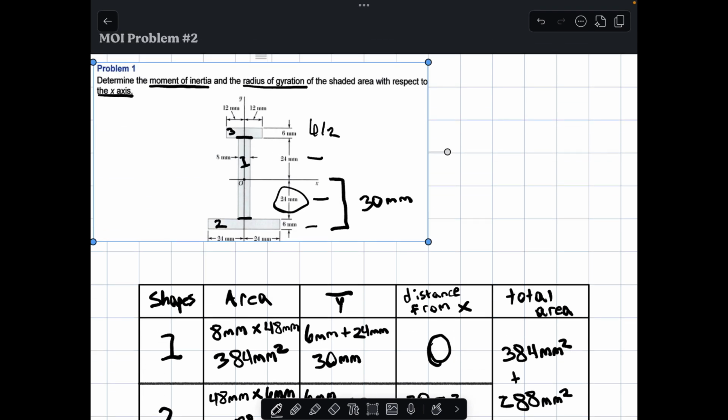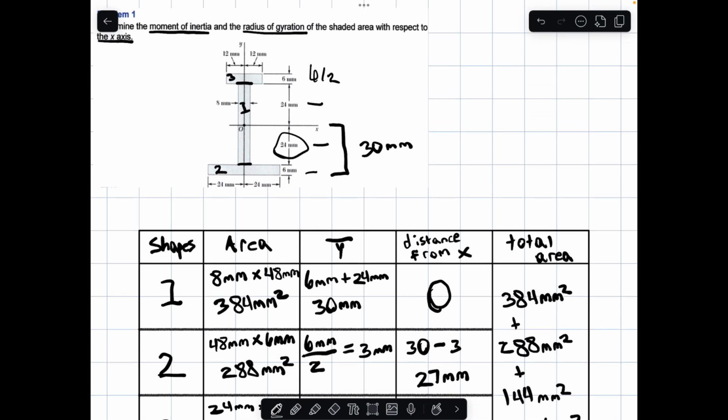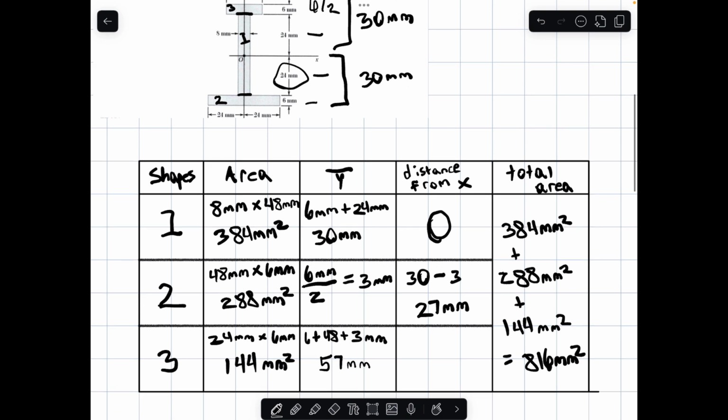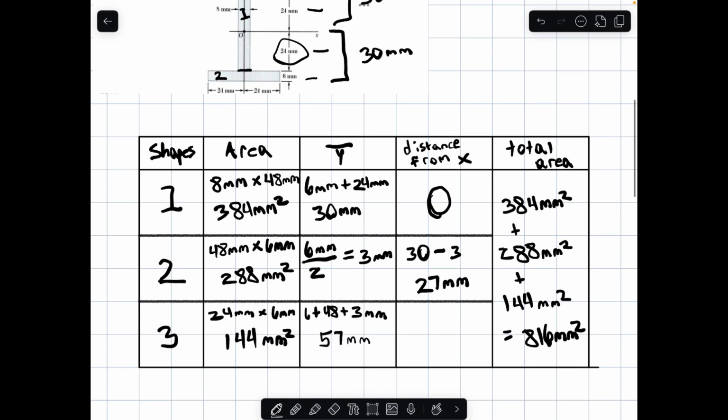We'll do the same thing for 3: all we have to do is take away 30 from 57, and this gives us 27 millimeters.